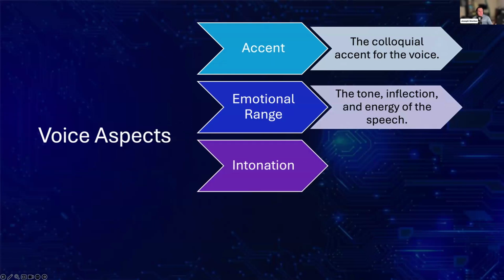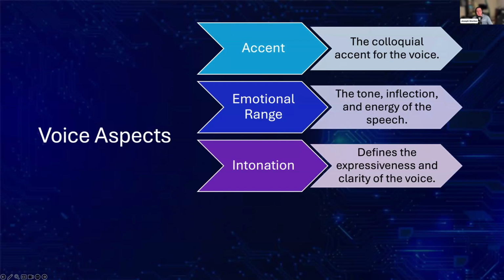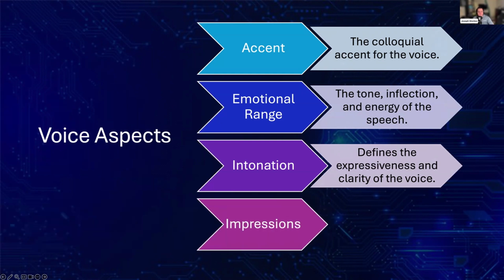We also can control the intonation. So the intonation will define the expressiveness or clarity of the voice. So how it emphasizes on certain words. So you will be able to have a different type of intonation for how each word will sound like.